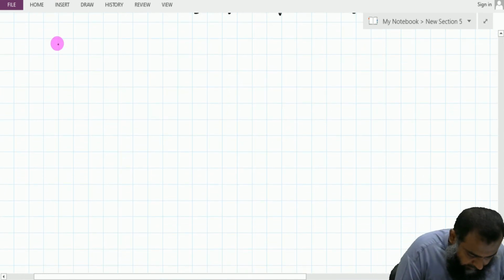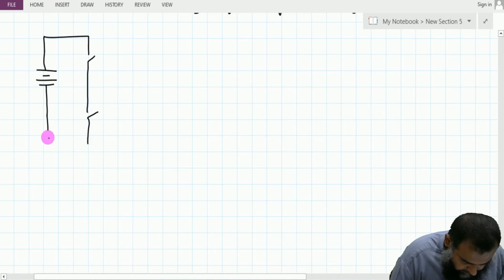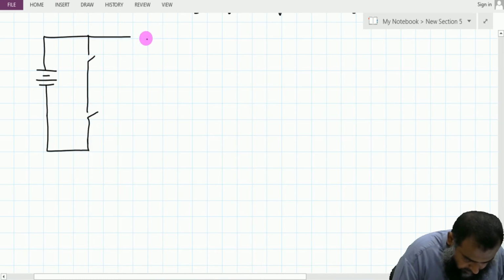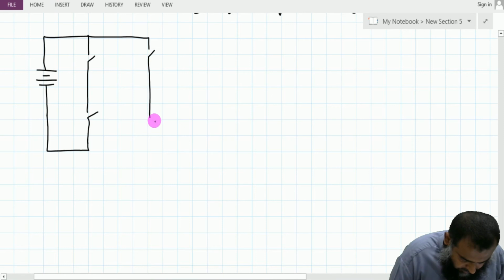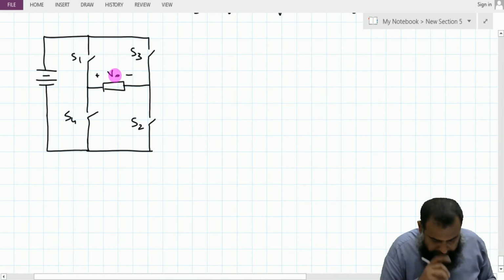So suppose that we have this inverter available. This is S1, this is S2, this is S3, this is S4, this is V0.